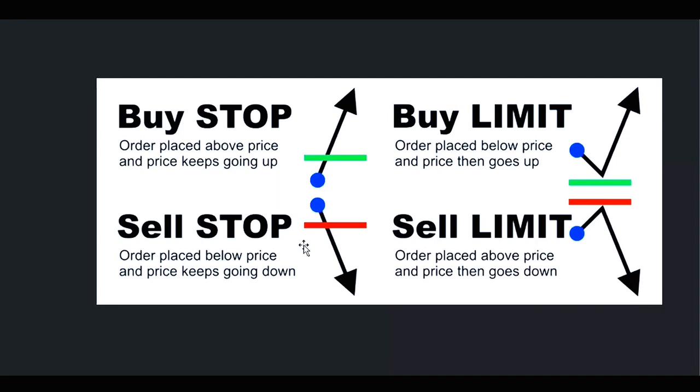So this is the power of pending orders, because it gives you the opportunity to be in the market even when you are not there. I'm going to show you how you can enter it right now in MetaTrader 5.